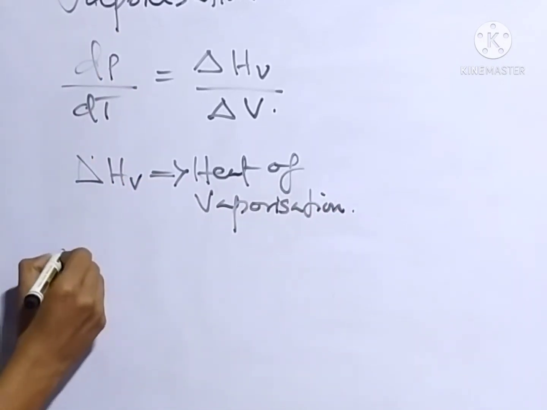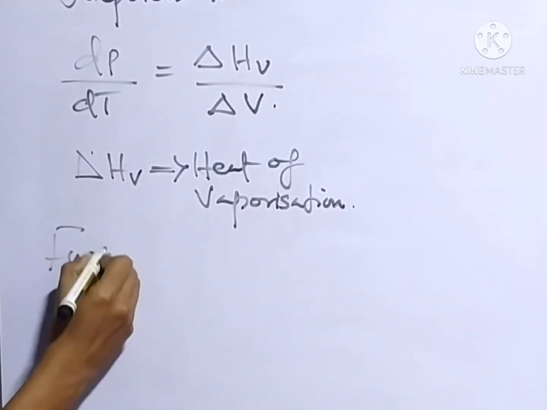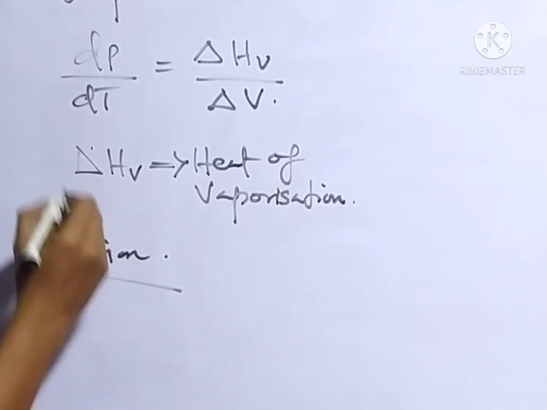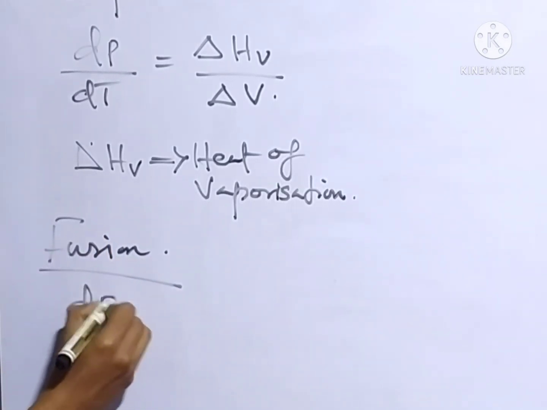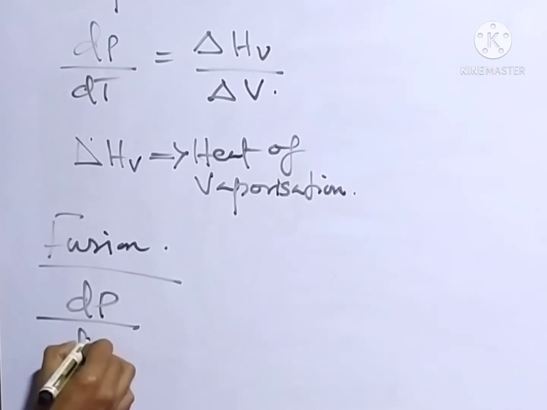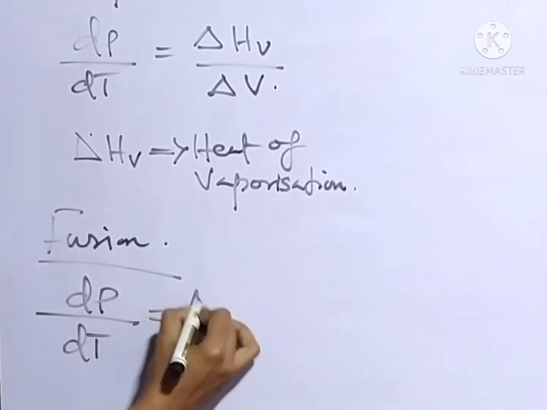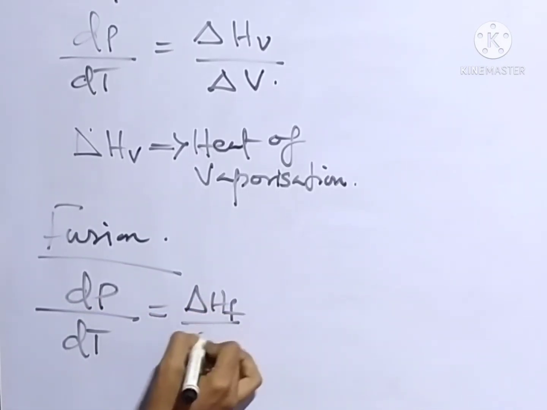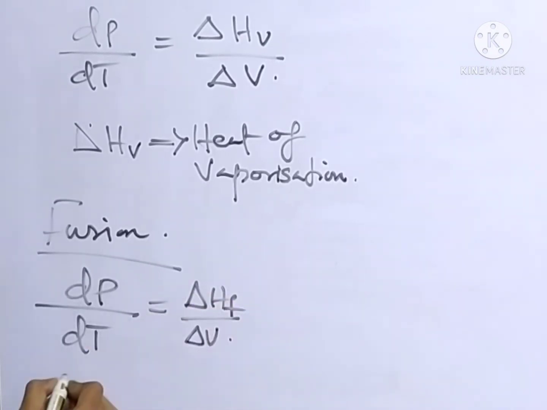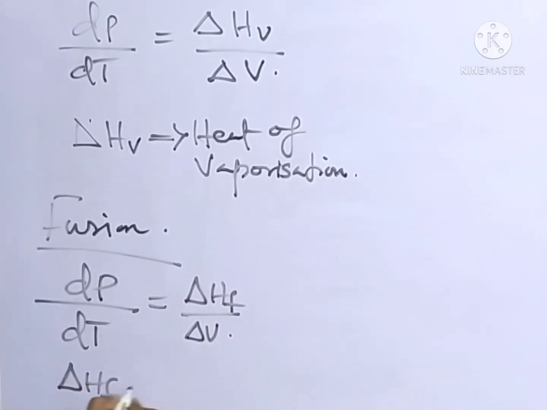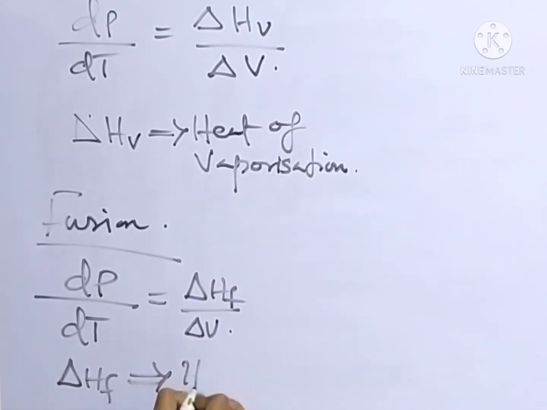Same way for fusion reactions, that is for melting and freezing, we can write the Clapeyron equation as dP divided by dT equals delta Hf divided by T delta V. Here delta Hf is the heat of fusion.